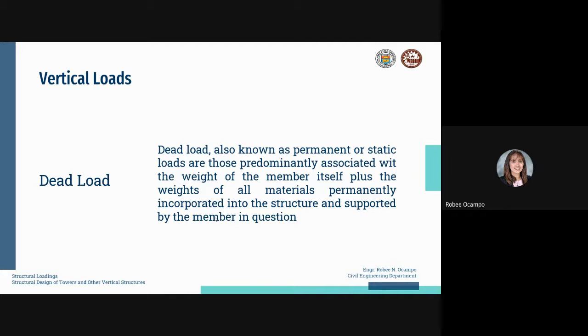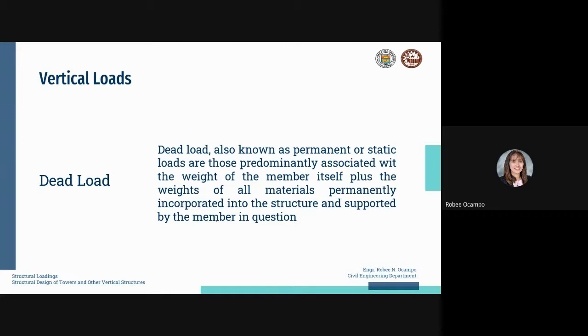For example, in your buildings, aside from the weight of the structure itself, the toppings and finishes are also considered dead load. You also have the utilities attached to your structure or building. Anything that is hardly moved, whose placement in your structure is almost permanent, is also considered a dead load.